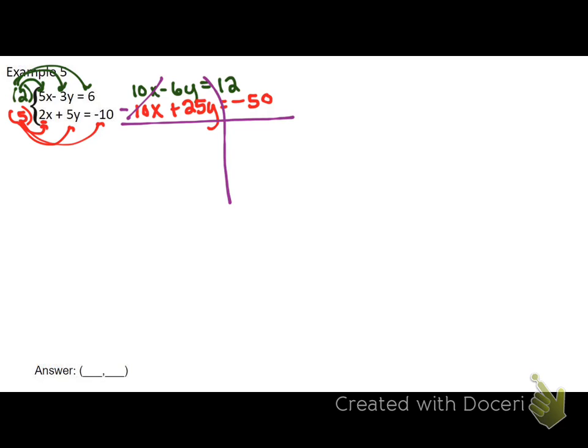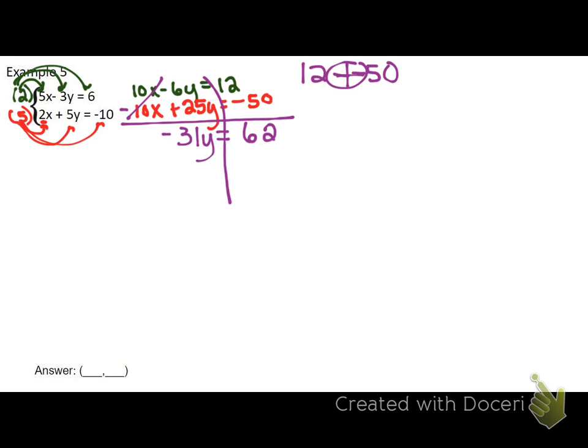So the x's eliminate, then I'm going to take negative 6y minus 25, which is going to get me to negative 31y. And then I'm going to have 12 minus negative 50. Remember, 2 negatives touching ends up being a positive. So that's basically 12 plus 50, which is going to get me to 62.